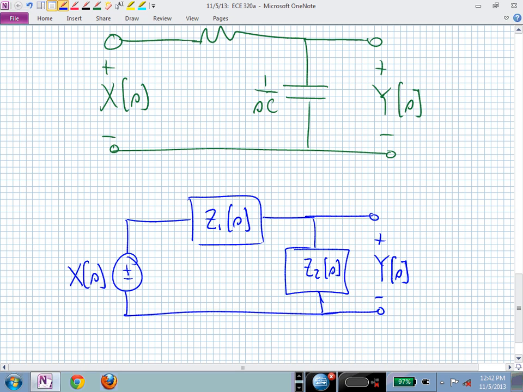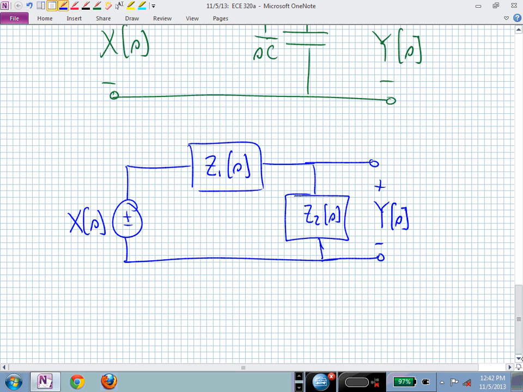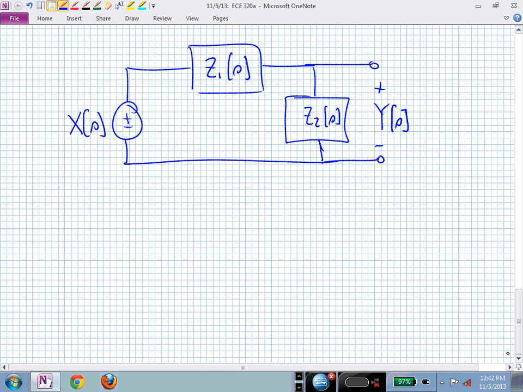But if this is screaming at you, what's it screaming? Voltage divider, right? This is a classic voltage divider problem, and now we can use these basic techniques to create solutions to maybe more complicated problems.